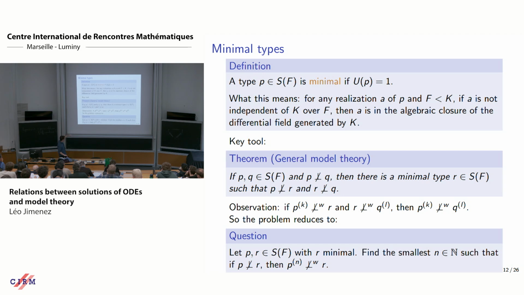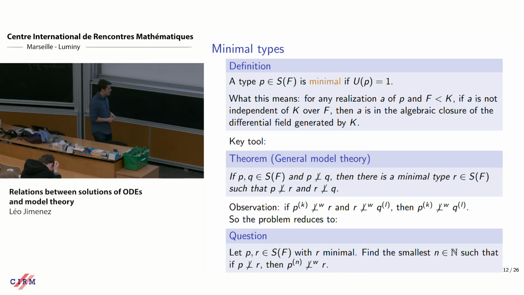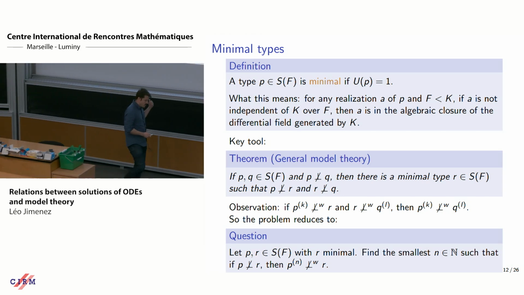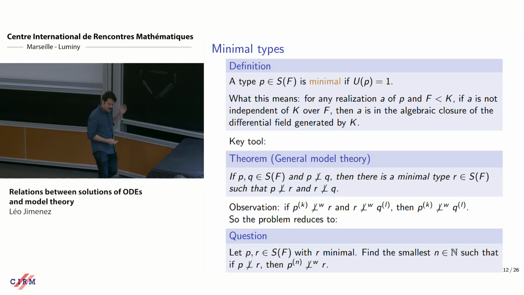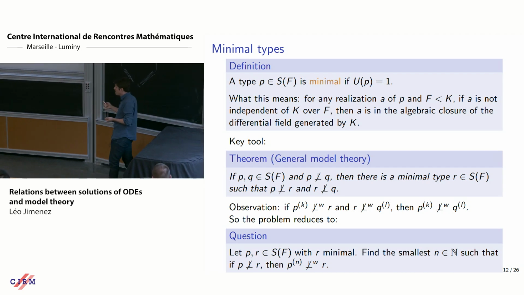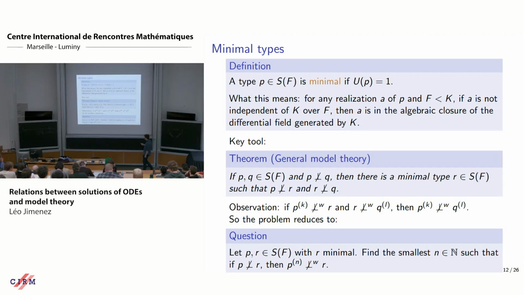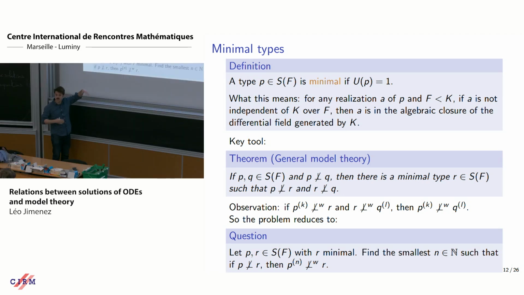So the question now reduces to: pick some P and some R, where R is minimal, and find the smallest natural number N such that if P is non-orthogonal to R, then P to the N is not weakly orthogonal to R. So we started with two arbitrary types, P and Q, and now we reduce to having one of them being minimal. Okay, so this is the first reduction.